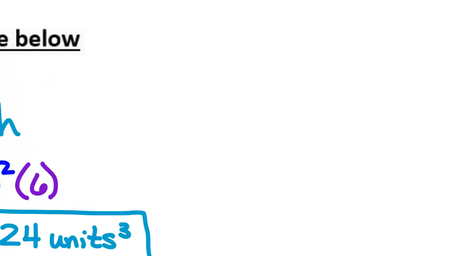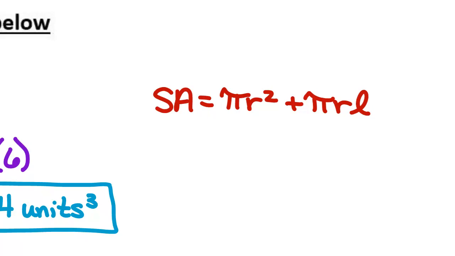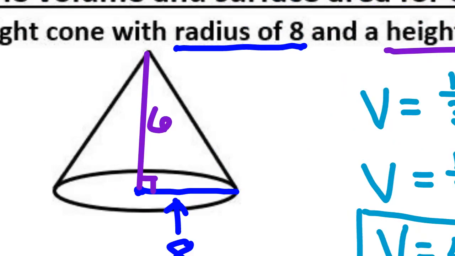All right, and then surface area. Area of my base, pi r squared, plus pi r and slant height, L. Do I have all of the pieces for my surface area formula? What do I not have? I don't have my slant height, so we're going to need to find that.